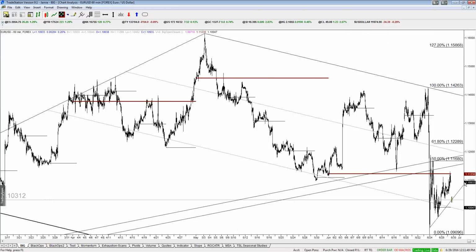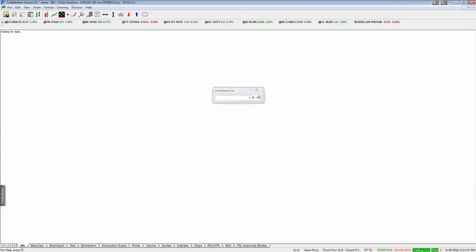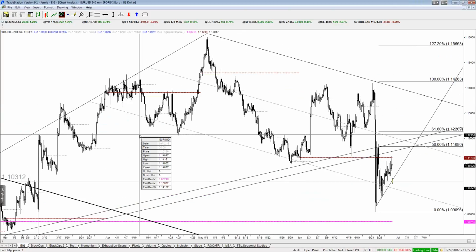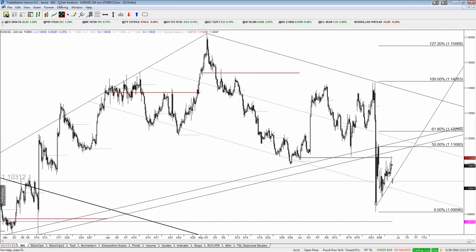And again, if we take a look at inflection points in the marketplace, it's been pretty clear that you do have good resistance or inflection points, if you will, in that 1215, 1240 region.